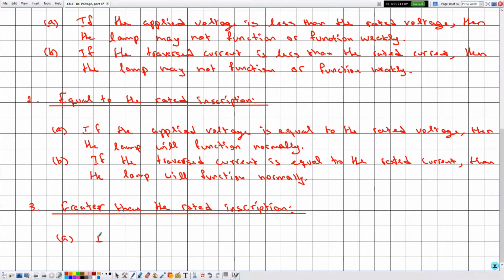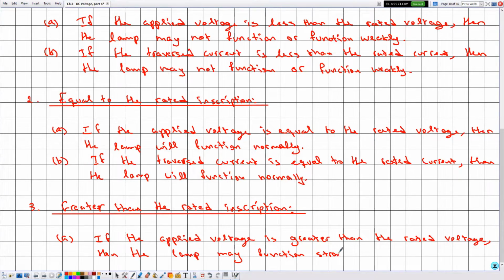So let me say if the applied voltage is greater than the rated voltage, then the lamp may function strongly or burn out.